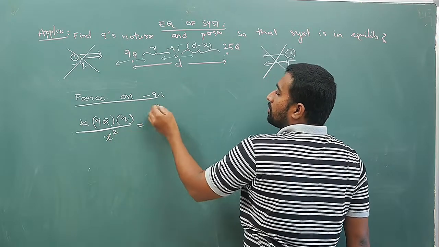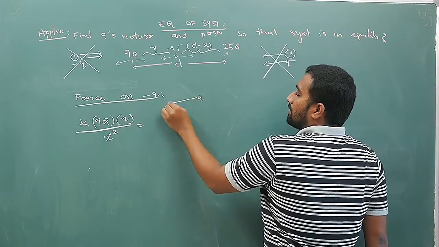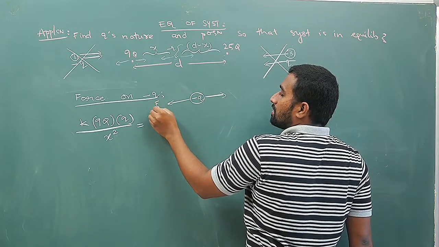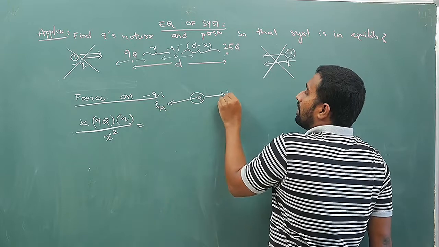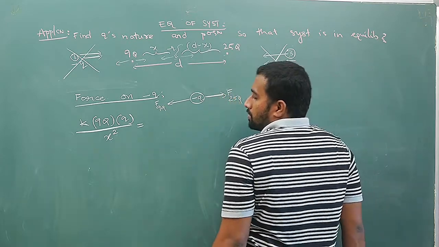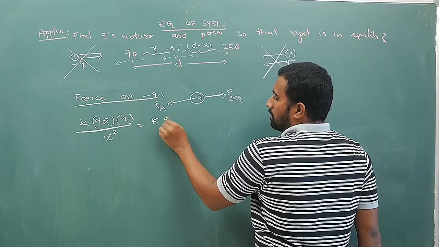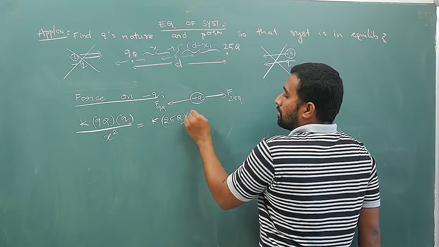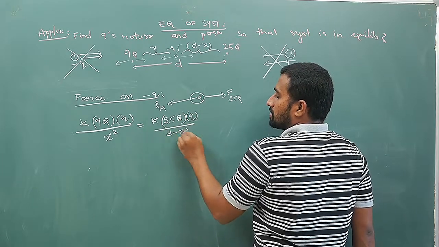This is your force on minus q. On minus q there are two forces. One is the force because of 9q and this is the force because of 25q. So 25q also will attract, so this is k into 25q into q by d minus x whole square.